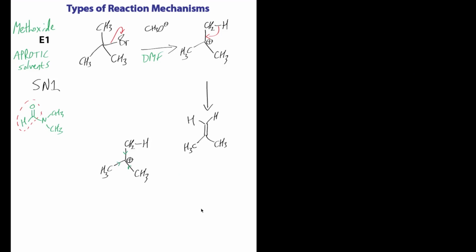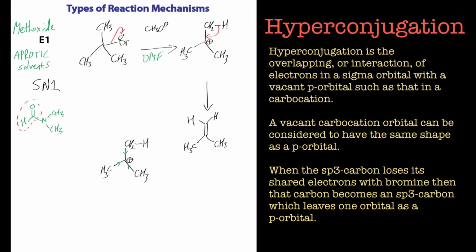But I will mention the word hyperconjugation because that's something that people tend to mention quite a lot, especially in first year undergraduate studies. Hyperconjugation. Okay, and basically, remember, this is a vacant orbital, so this is like an empty bucket of water.